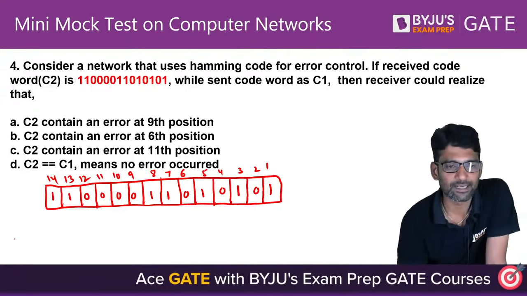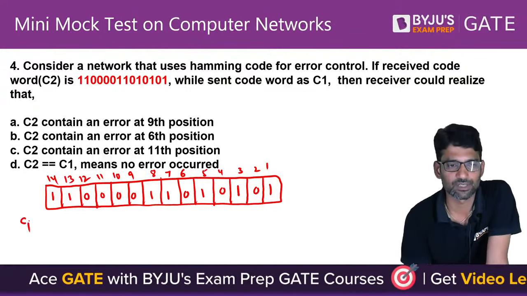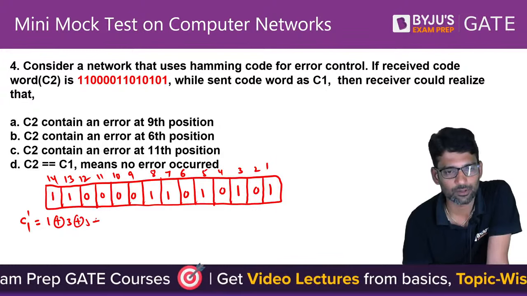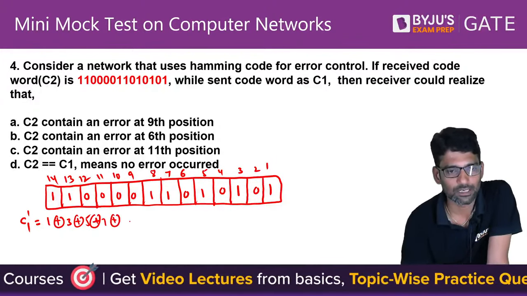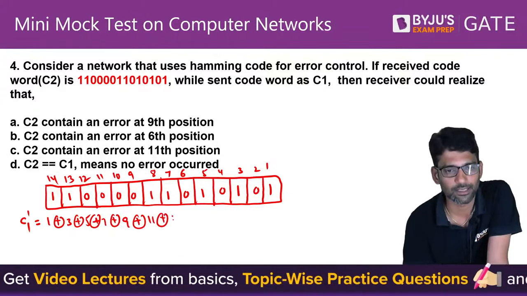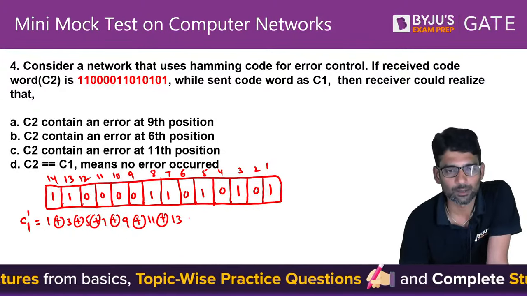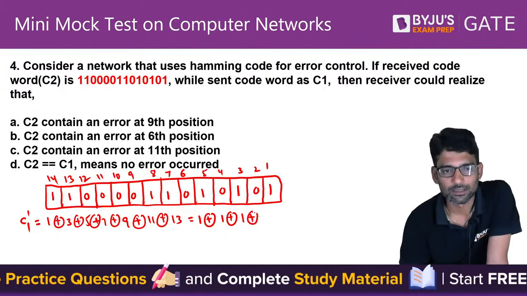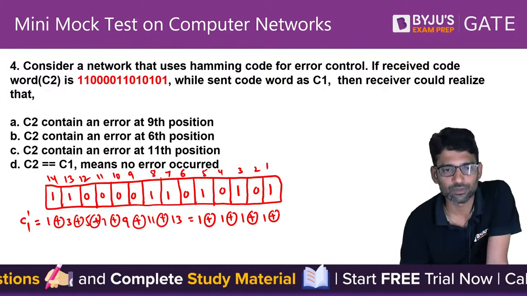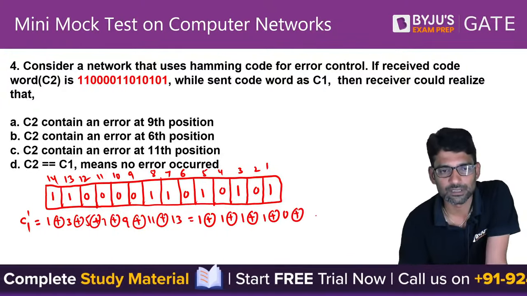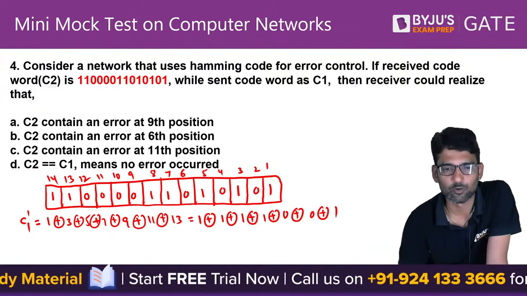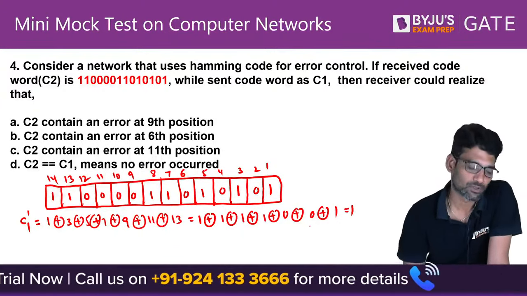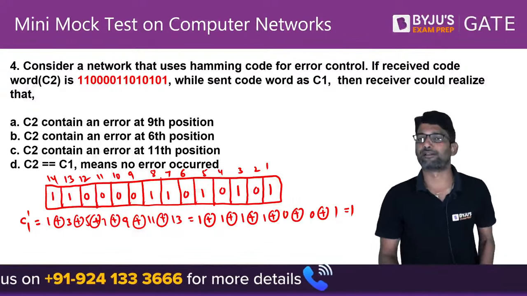So the receiver would be calculating the check bits. C1 dash is 1 XOR 3 XOR 5 XOR 7 XOR 9 XOR 11 XOR 13th position bits. So 1st position 1, 3rd position 1, 5th position 1, 7th position 1, 9th position 0, 11th position 0, 13th position 1. How many ones? 1, 2, 3, 4, 5. Odd number of ones. So C1 dash is 1. So here itself it is understood there is an error.